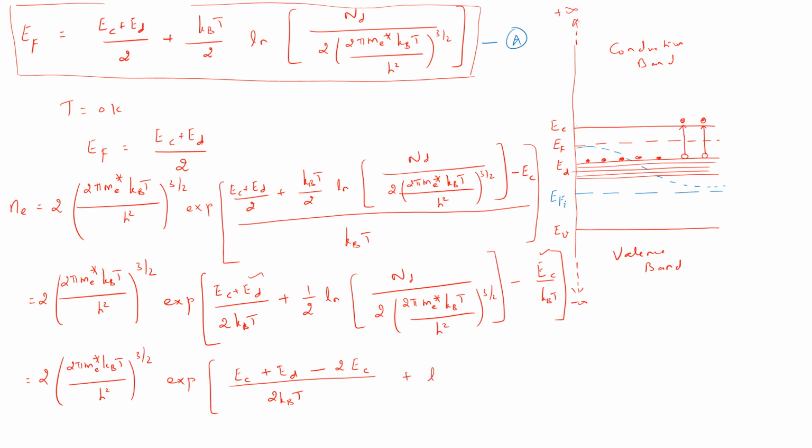Then plus ln, I will take this half as power: ND by 2 into (2 pi me star kBT divided by h square) whole power 3 by 2, whole power 1 by 2. The entire thing is inside the exponential. So I will get ED minus EC divided by 2 kBT, then plus ln of this term.